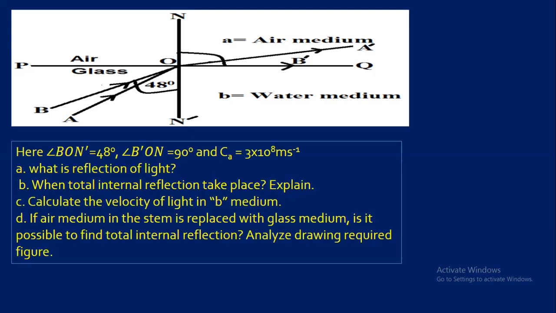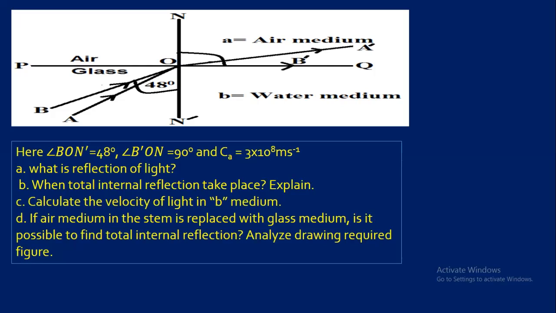And we can draw the diagram because we know if a ray comes from a rarer medium to a denser medium, the ray will be inclined towards the normal, and if it comes from a denser to a rarer medium, then it will go away from the normal, and we can draw this diagram.